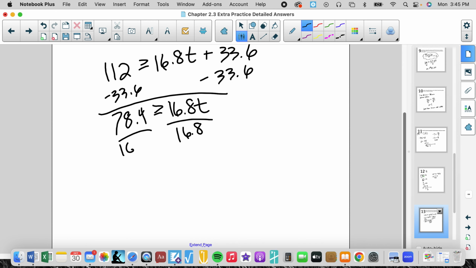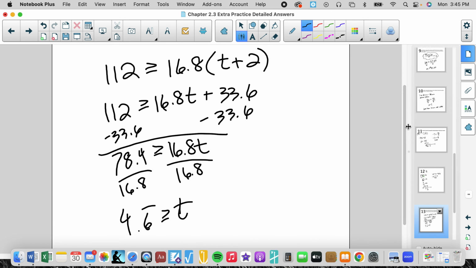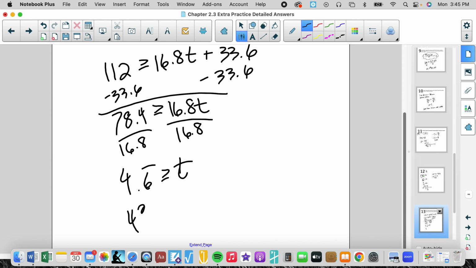Divide by 16.8, and we get 4.6 repeating is going to be t. So in order to do it within those constraints, my time needs to be 4 2/3 hours or less.